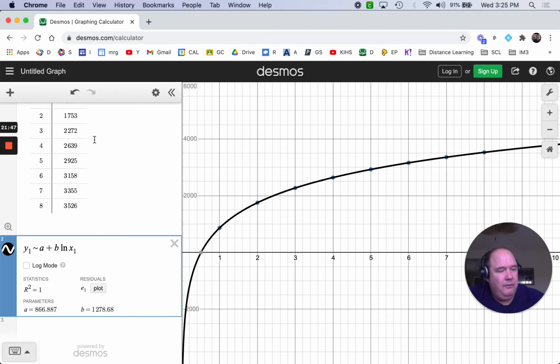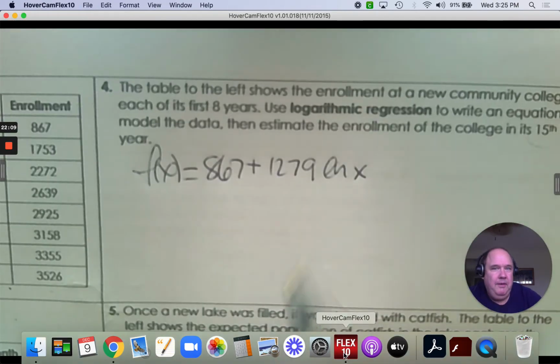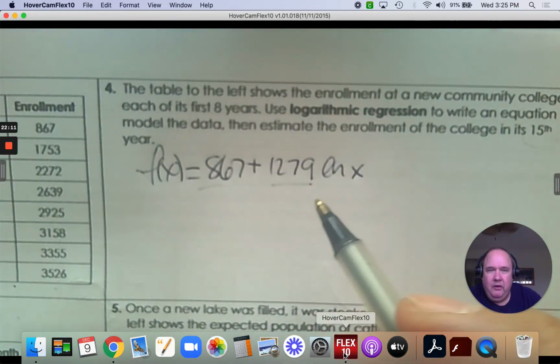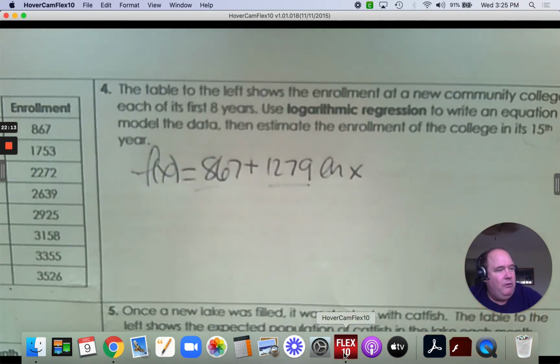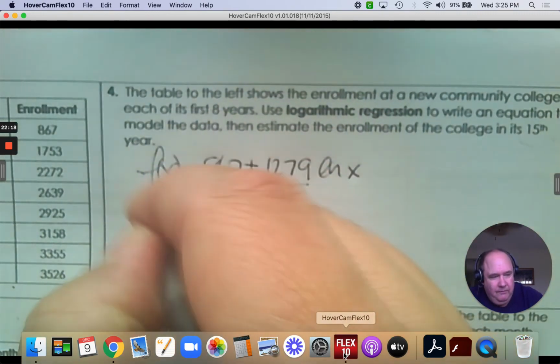All right, so let's write it down. So f of x equals, a is 800, we'll call it 867, plus b, we'll call it 1,279 ln x. So there's our equation. All based on these numbers from Desmos doing the hard work. And then the question is, estimate the enrollment in its 15th year.